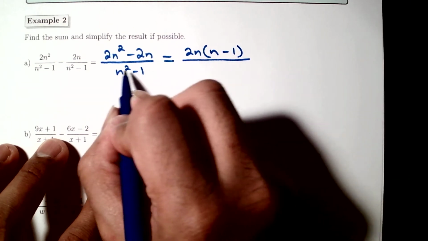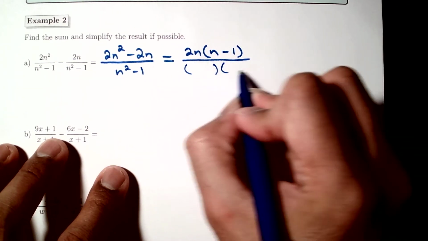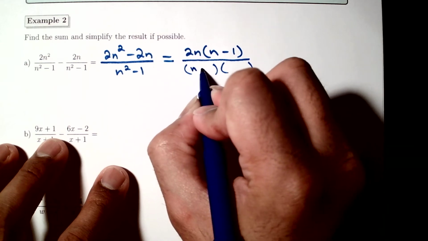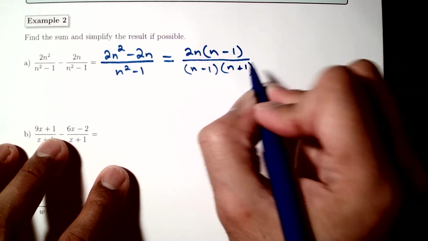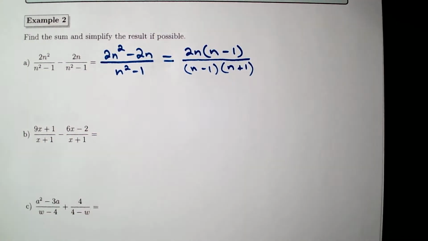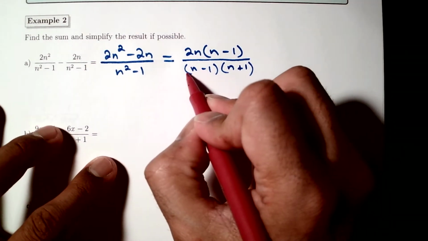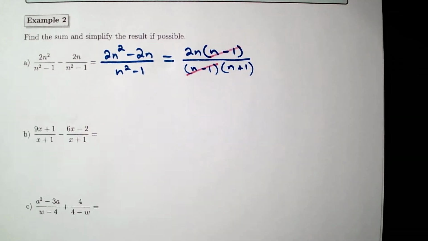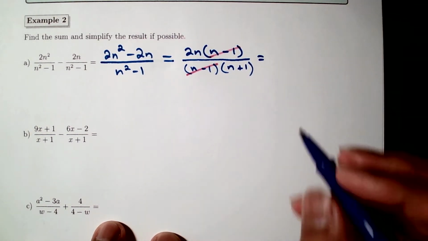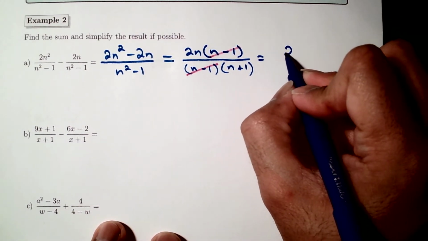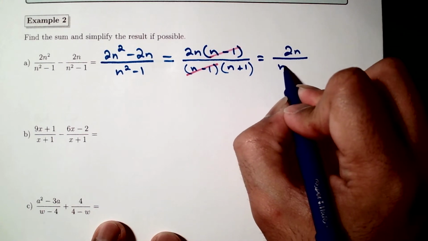And then divide by the factorization of this difference of squares, n minus 1, n plus 1. And very similar to the previous example, well, we can divide this out, and this is going to leave us with 2n over n plus 1.